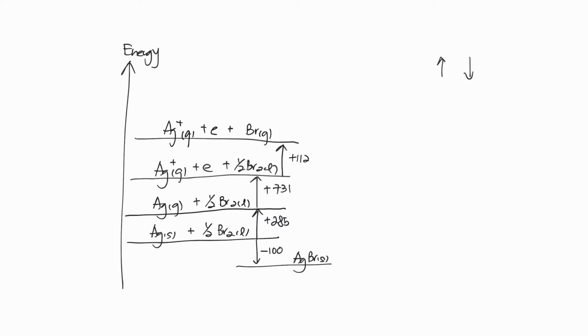And next is to turn Br gas into an anion, which is actually the first electron affinity of bromine. The value is negative 325.